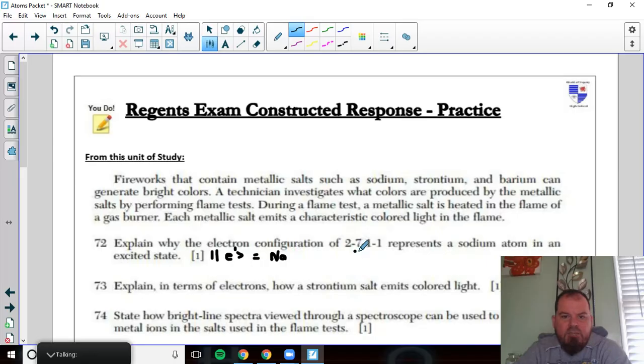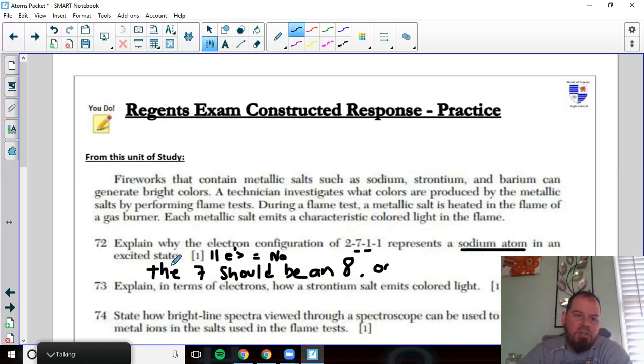But that 7 should be an 8, or that 1 should be an 8. Any of those answers will do. This is only a precursor. The 11 electrons equals Na. That's how I know it represents a sodium atom.